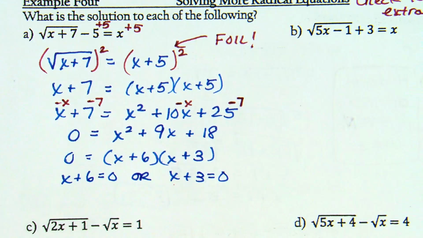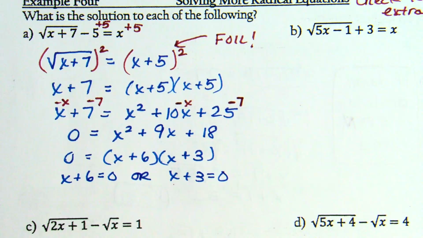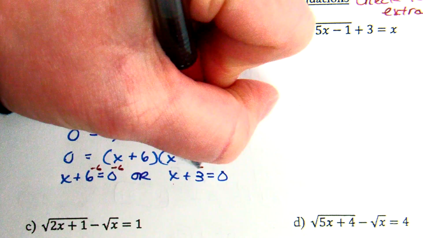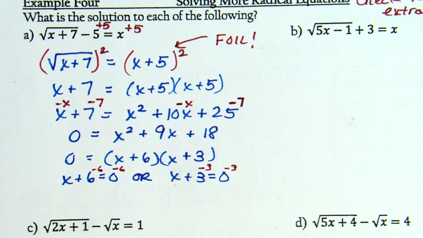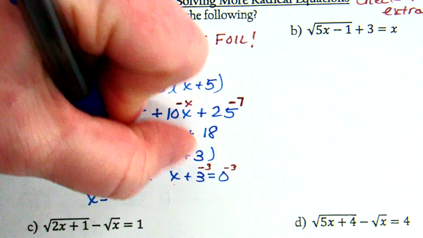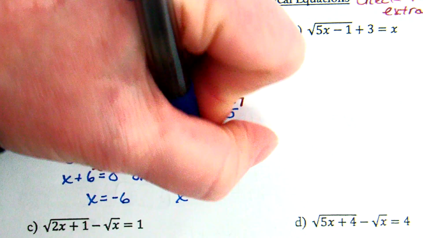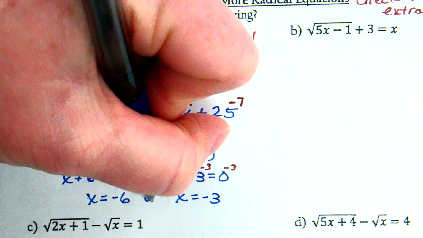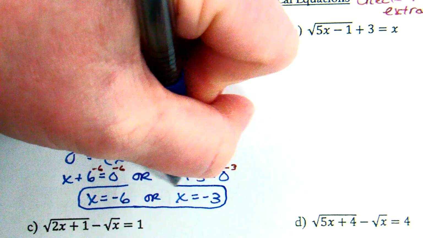What are my solutions? x equals negative 6. On the first one, subtract 6, and x equals negative 6. On the second one, subtract 3, and x equals negative 3. So I have solutions of x equals negative 6 or negative 3.